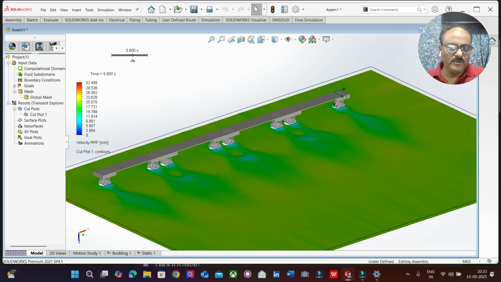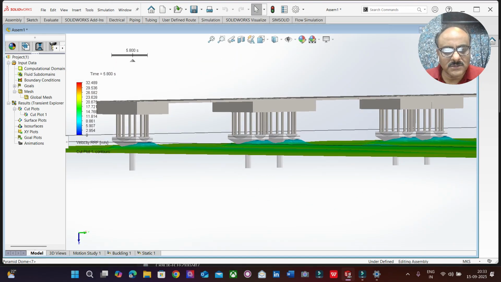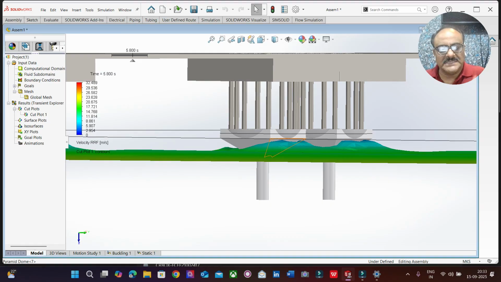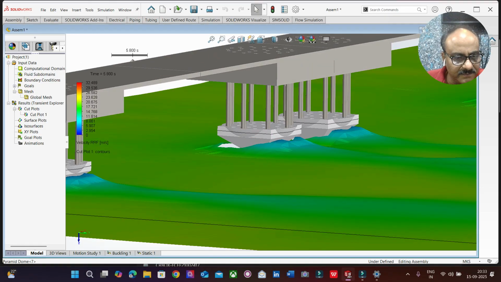So now there is going to be a fluid and structure interaction. The fluid is nothing but water, and the structure is nothing but the bridge structure. So in the next episode we will be seeing what the vibration is going to be or what the normal forces exerted on this are going to be. Even from this we'll be able to find out the normal forces.